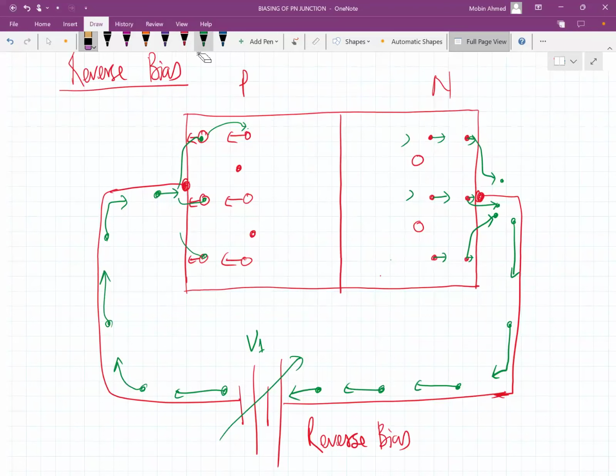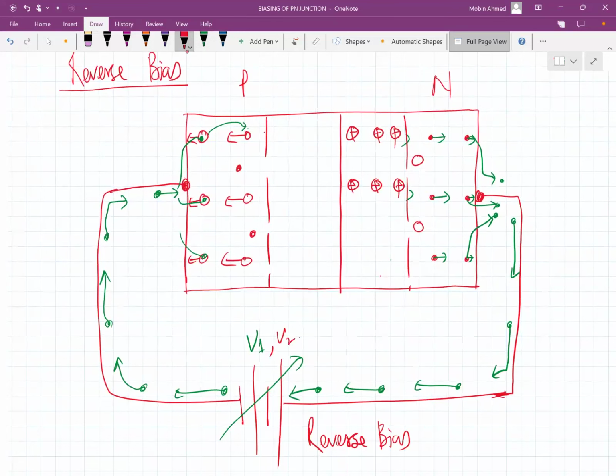So this is going to increase the depletion region. Here we are going to have an increased depletion region when we increase the voltage.